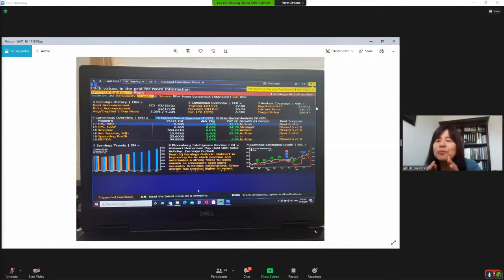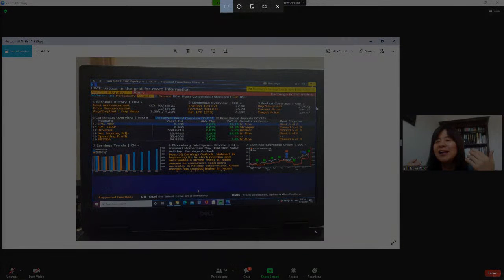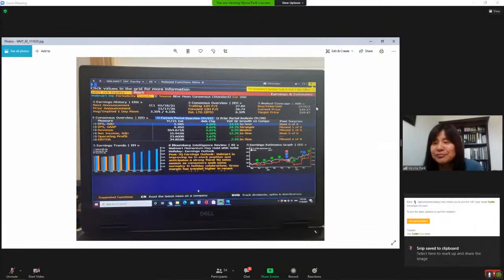And Bloomberg, the company Bloomberg, is an information provider. Of course, it's not free. By the way, do you know how much it costs to get this Bloomberg terminal service? It's very expensive.